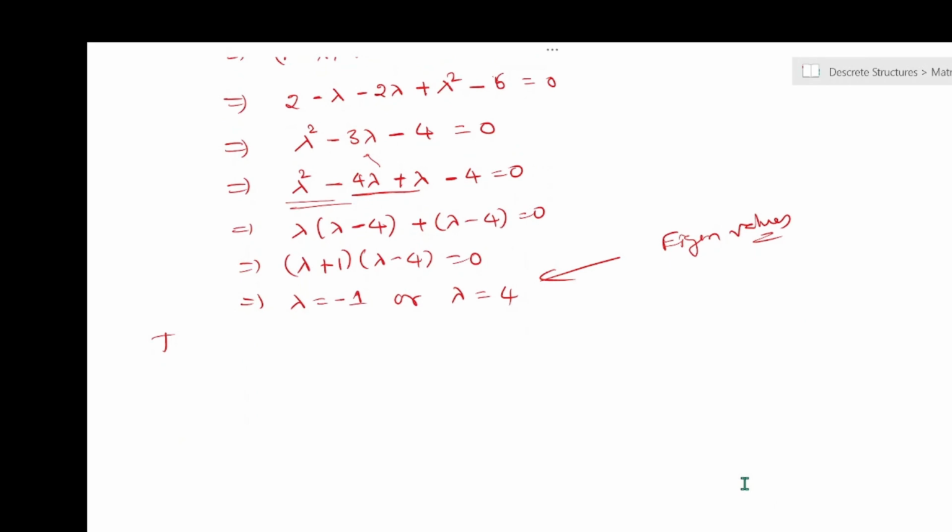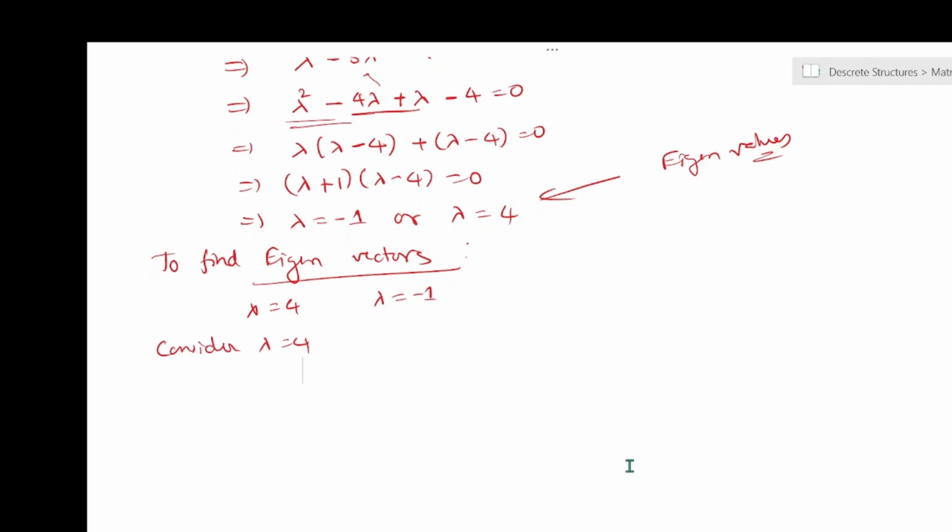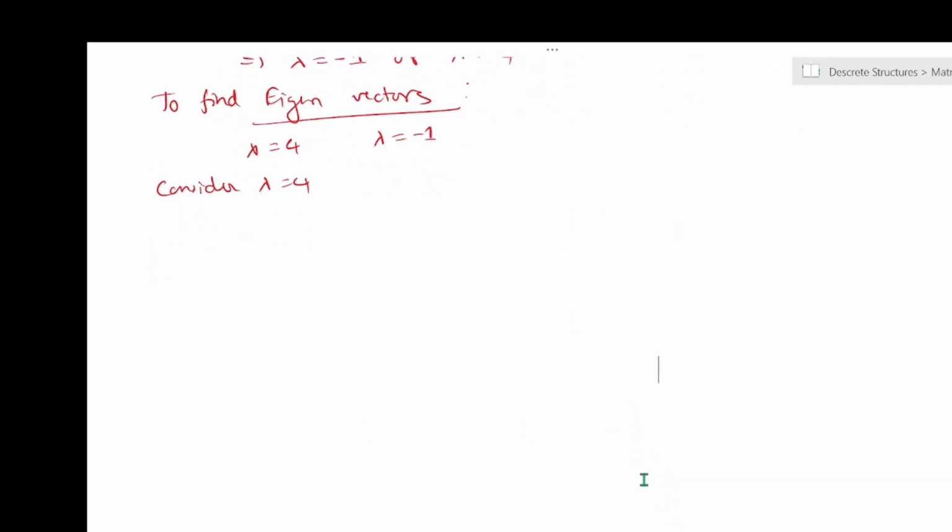And now we have come to find the eigenvectors. To find eigenvectors we have got two values of lambda: lambda is equal to 4 and lambda is equal to minus 1. First consider lambda is equal to 4 and we'll try to find the required vector.